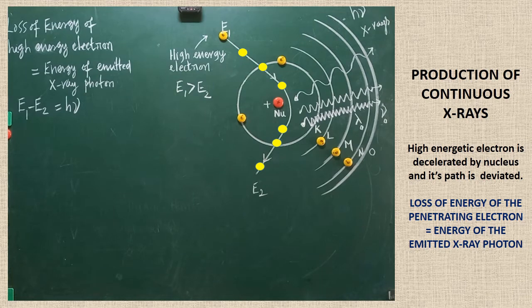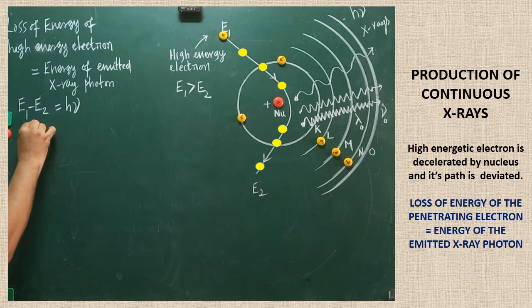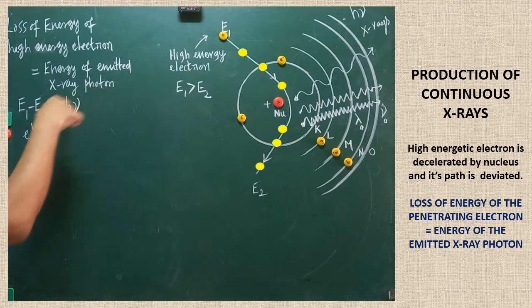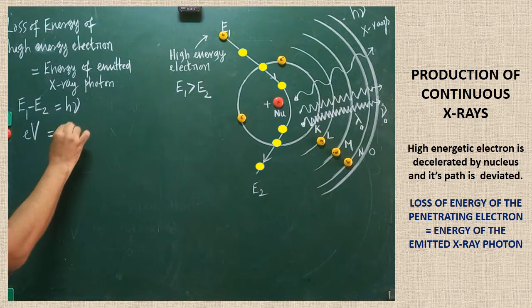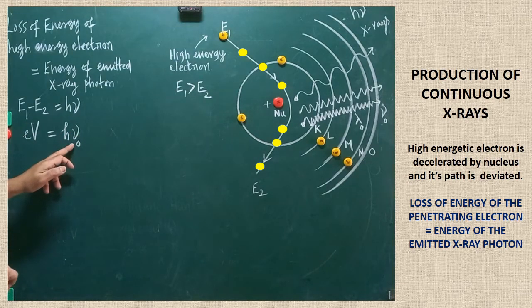Now we are going to derive the expression for lambda naught, the cutoff wavelength. Are you clear? Now the loss of energy of the high energy electron can be written as eV. eV is the loss of energy of the electron, and then h nu naught can be written, since the frequency is very high.